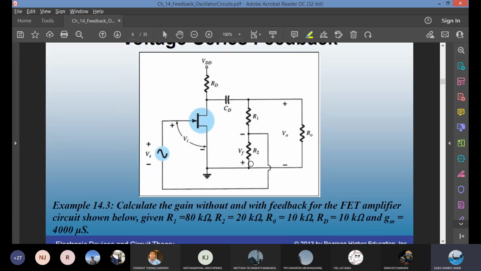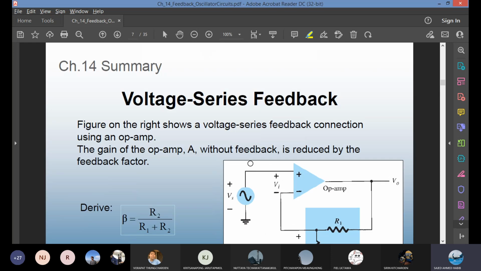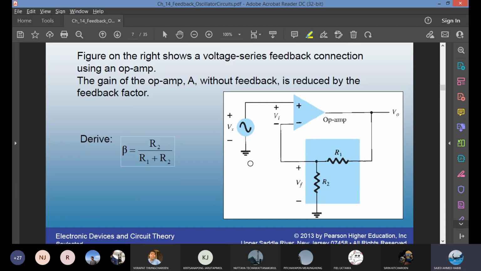Example 14.3 is just calculating using the given values. This is a voltage series feedback using a JFET. You can also have an op-amp to provide voltage series feedback. For this, you see beta is a positive value, R2 over R1 plus R2.